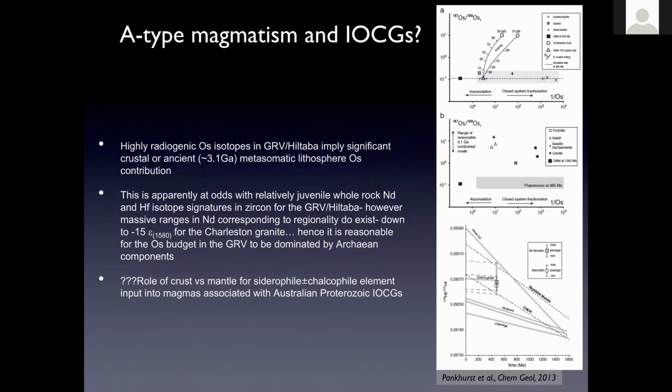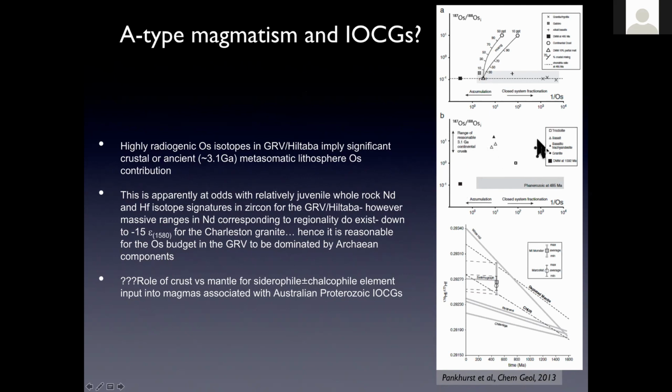What really surprised me was that the osmium isotopes in the Gawler Range volcanics and the Hiltaba Suite were really, really radiogenic. Even when we age correct them, they're still incredibly radiogenic. This panel B here is the Hiltaba Suite and Gawler Range volcanics. If there was significant mantle osmium in these rocks, then we'd expect unradiogenic signatures through here.